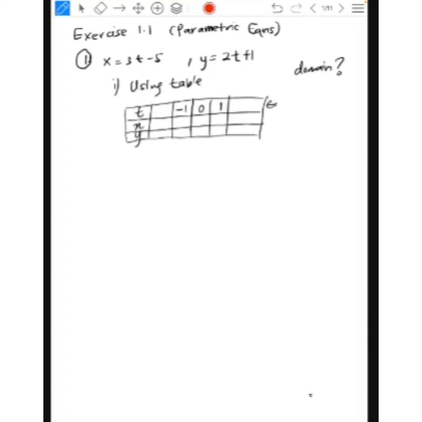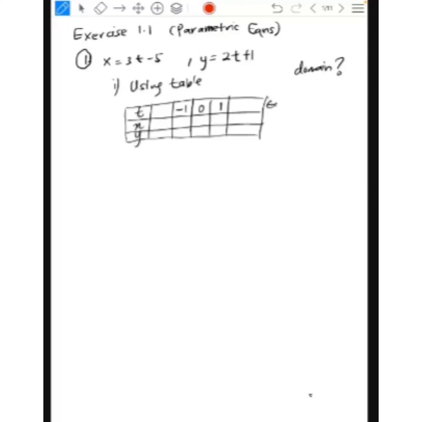Actually, there is no trick for how many points you must take. The thing is, you have to take as many points as you need to get the curve.